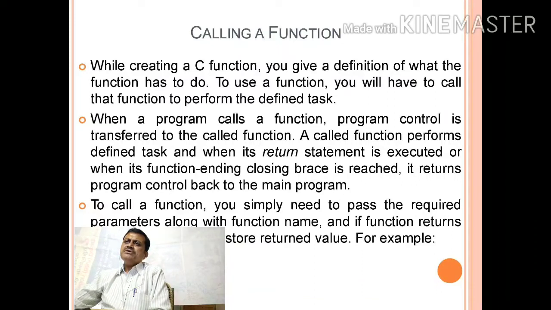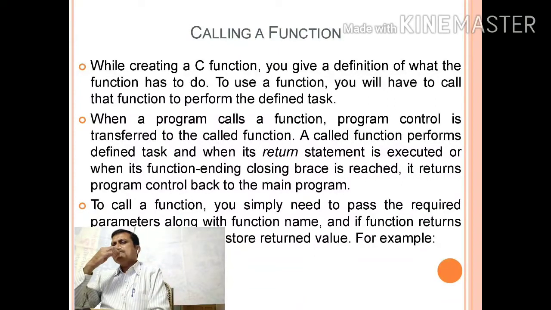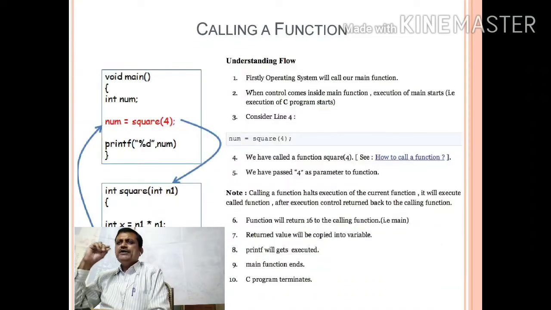For example, you can see in the above example: void main, int number is equal to square of 4, printf %d number. Next is your square function: int square(int n1), meaning there is one parameter, n1, of the square function.